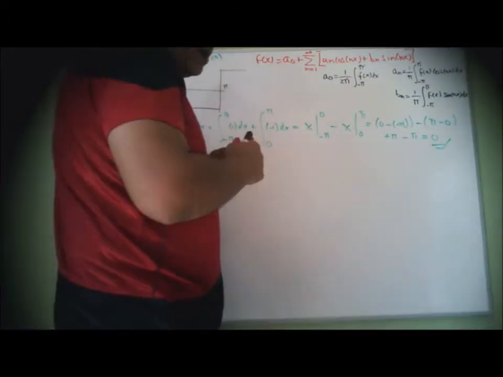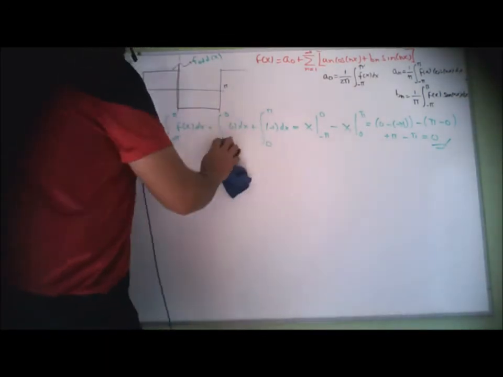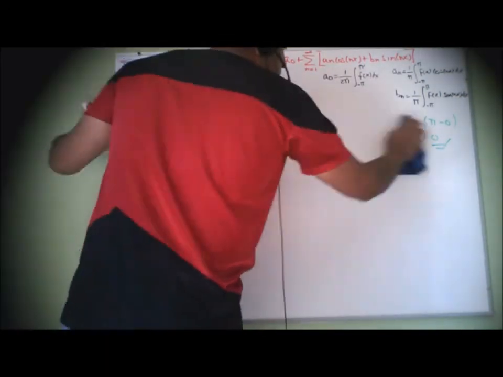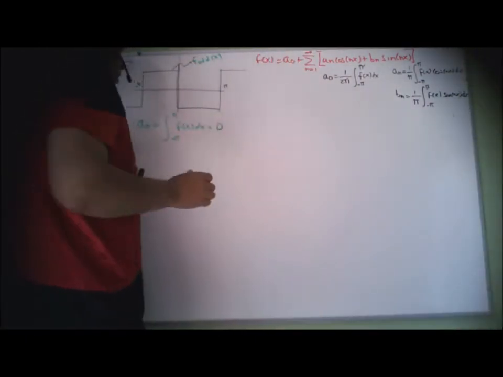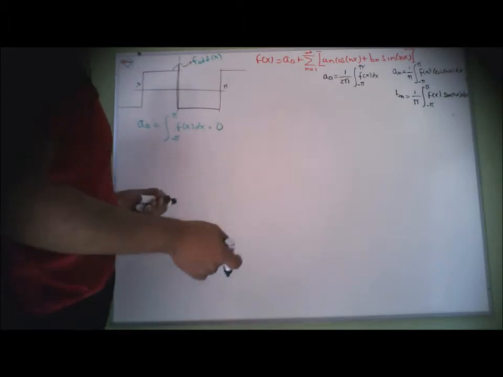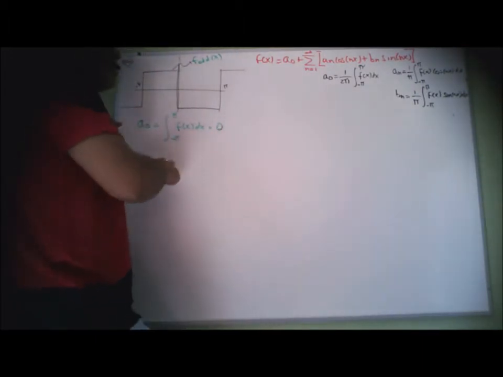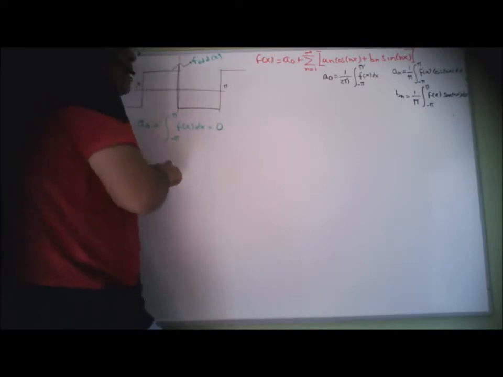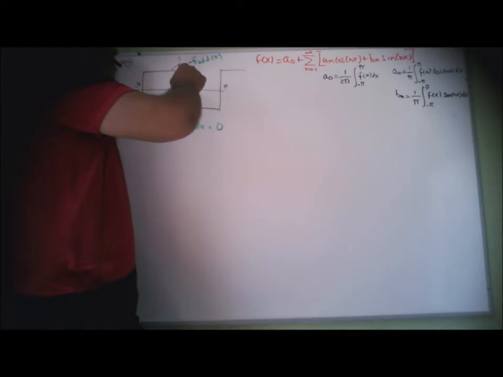Okay, so I'm going to clear that part. This was just to show you. Okay, so 0. That's why it was very important to know the concept of odd and even functions, because it's going to make your life easier. That only applies if the functions are even or odd.